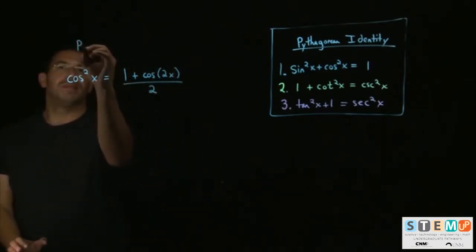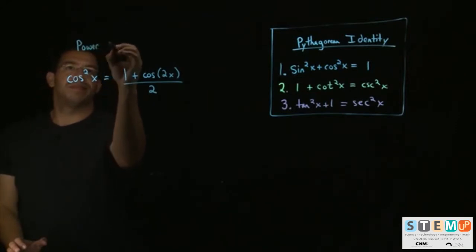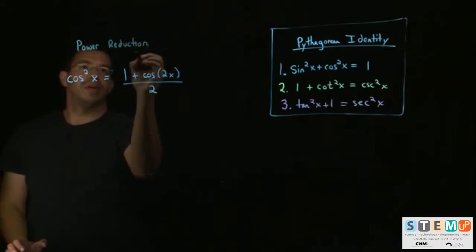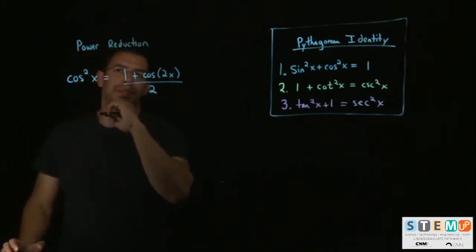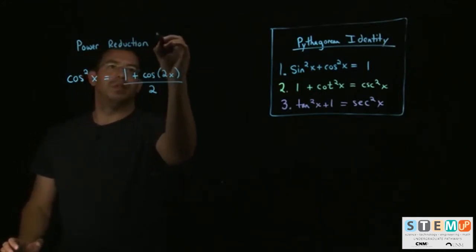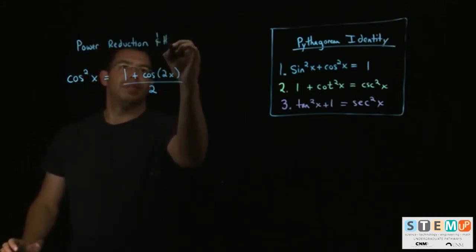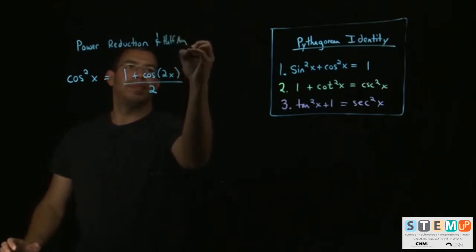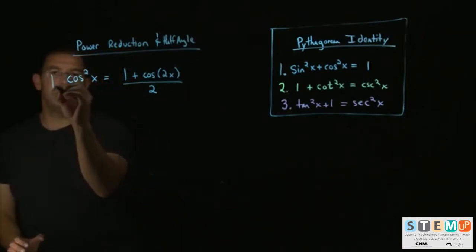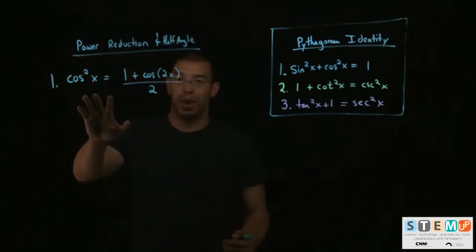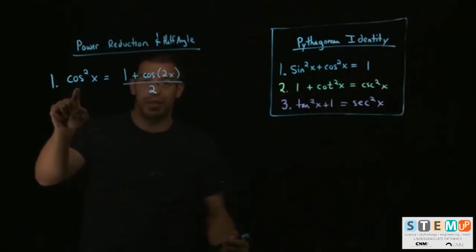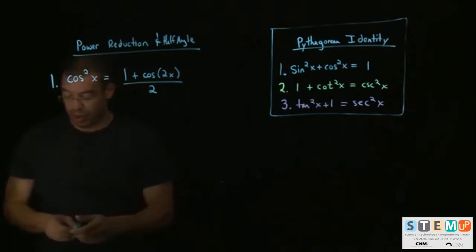So this is our power reduction and half angle. This would be our first one. This is the one I remember. Just like I remembered sine squared plus cosine squared is equal to 1, I remember this equation.